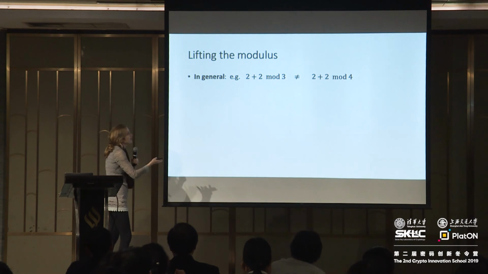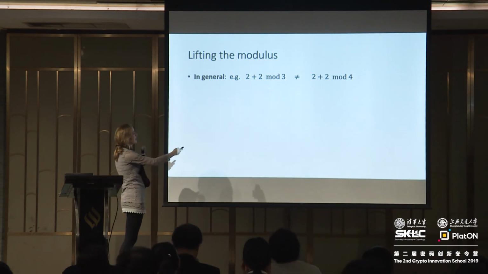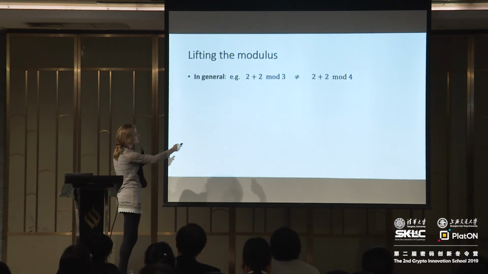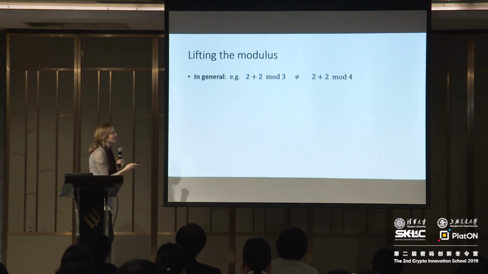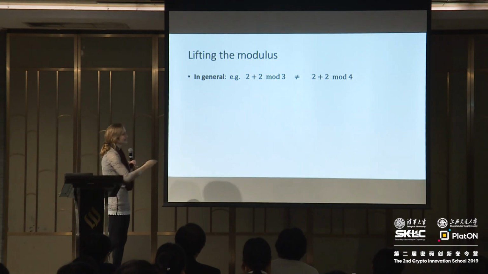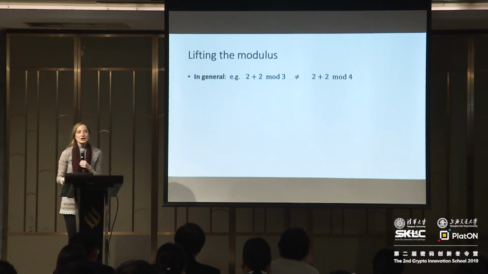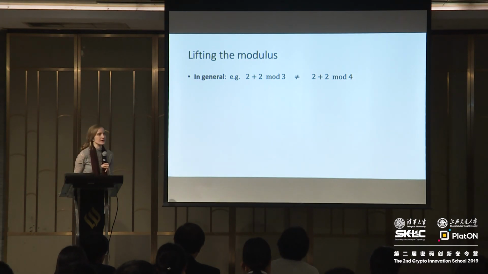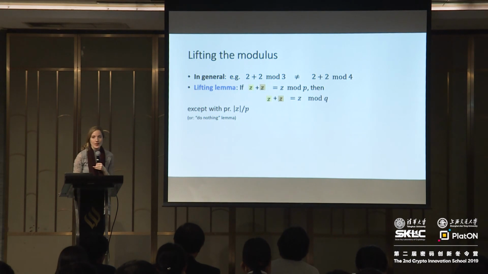For example, if I have additive shares mod 3, say 2 plus 2, oops, 2 plus 2 is 4 mod, okay, these are not equal to each other, don't go with that. So in general, you can't just change the modulus and hope that your shares are still going to be valid shares.